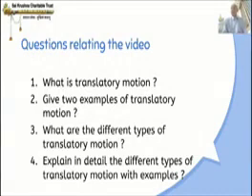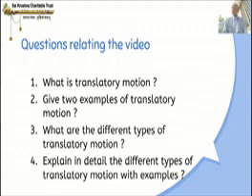Okay, fine. Here are a few questions relating to the video. The first question is, what is translatory motion? Second question is, give two examples of translatory motion.